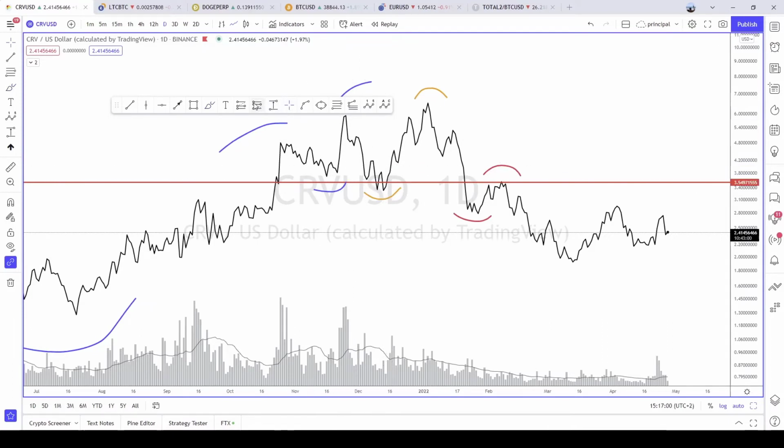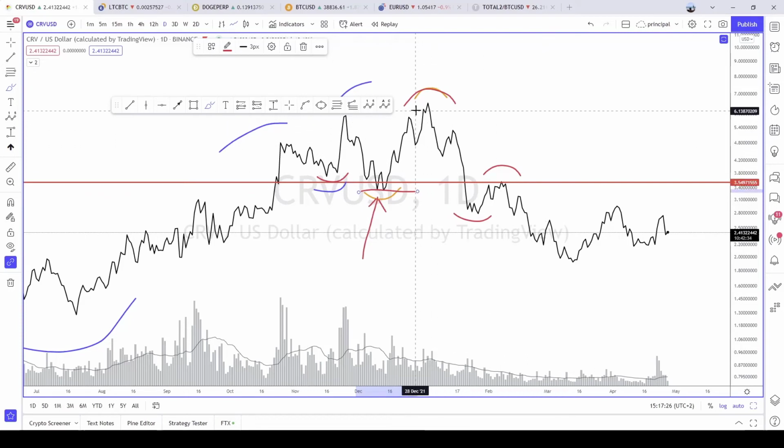But just here we made the first lower low and higher high. So the trend was not bullish and not bearish. But after a few weeks, we dumped and broke this low. So we are now in a bearish trend.